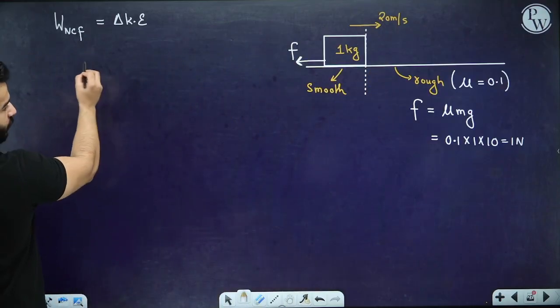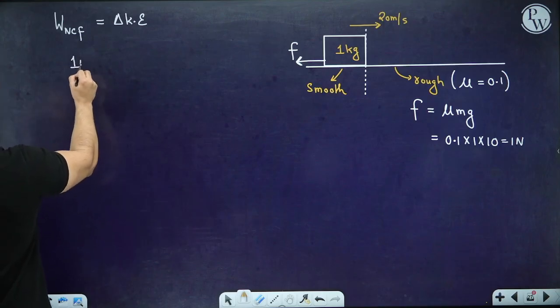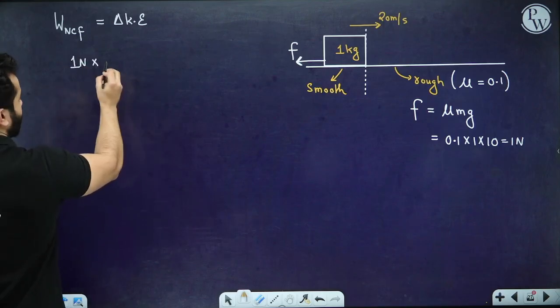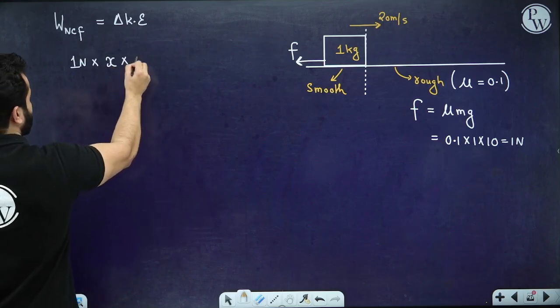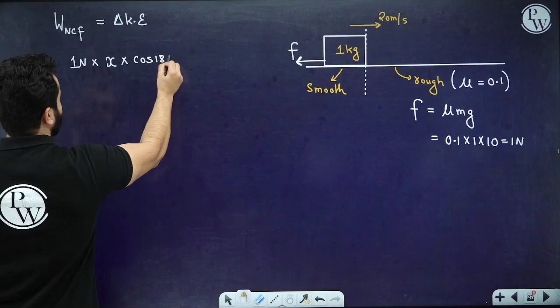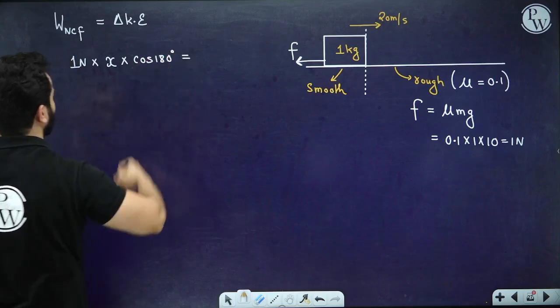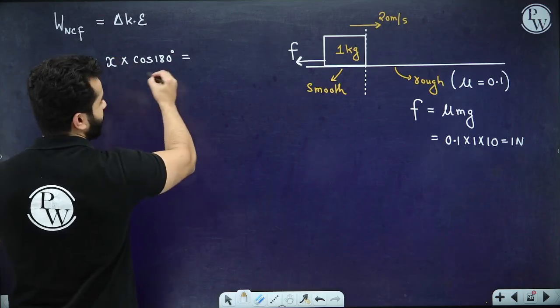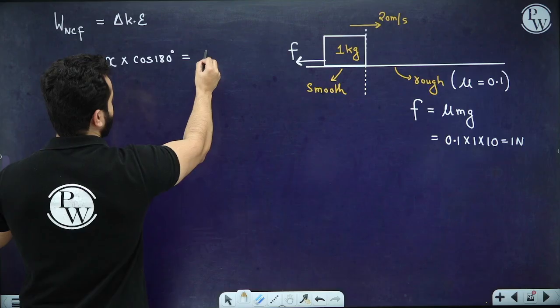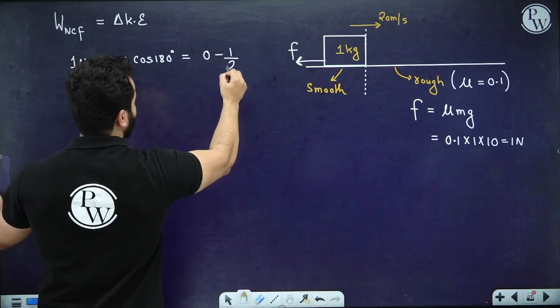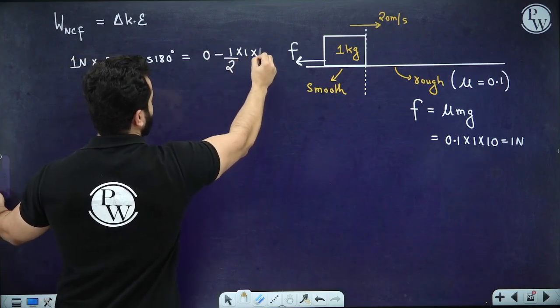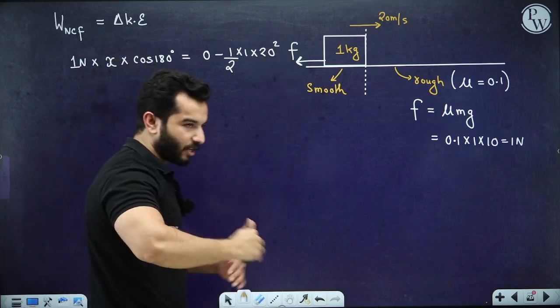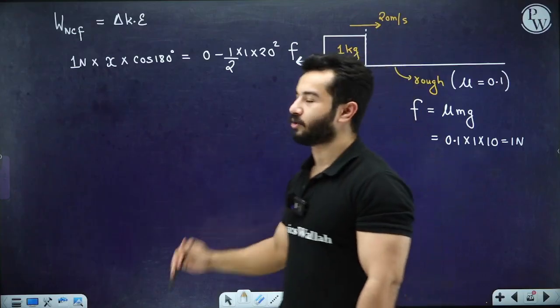So I'm going to write the friction force, 1 Newton, times displacement times cos 180 equals the change in kinetic energy. The final kinetic energy will become 0 minus half m v squared. Easy thing. That's how you write the equation according to the work energy theorem.